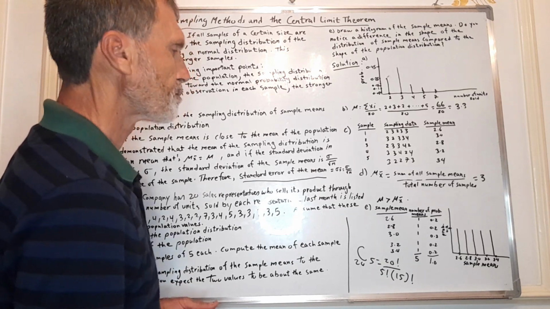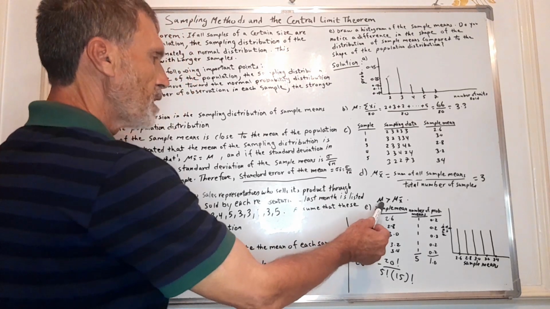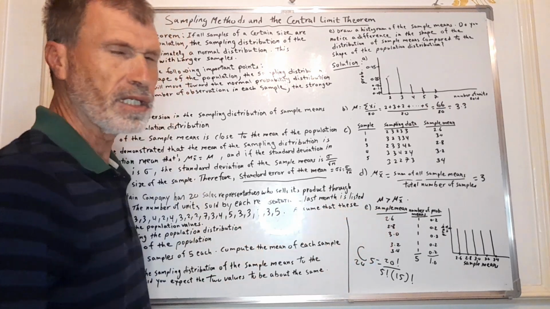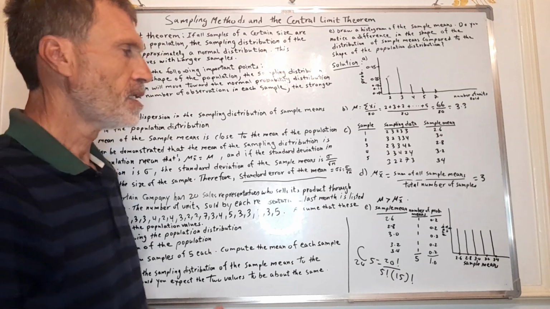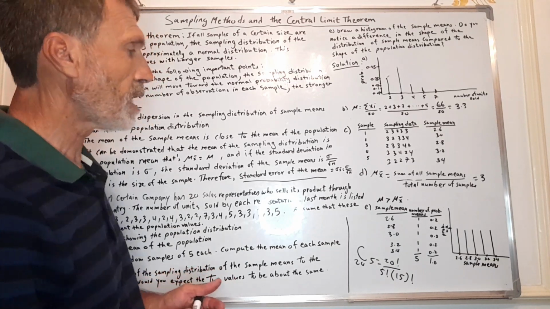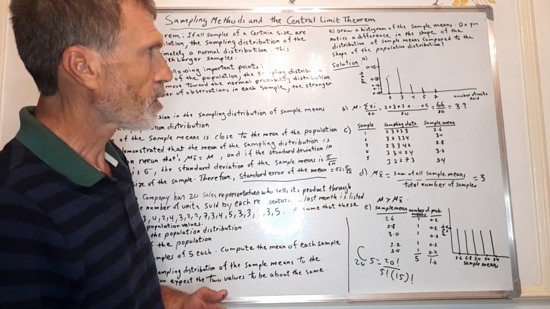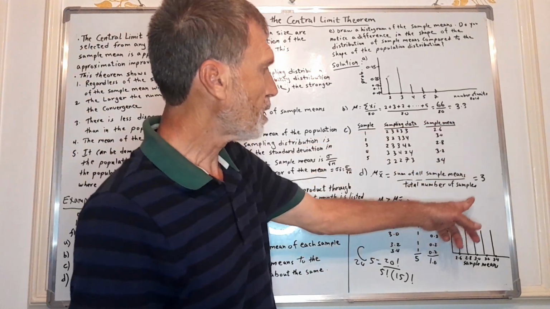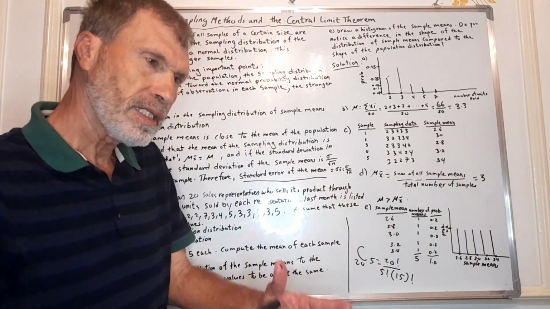Now you notice that the population mean is kind of greater than the mean of the sampling distribution. We have 3.3 here and about 3 here.